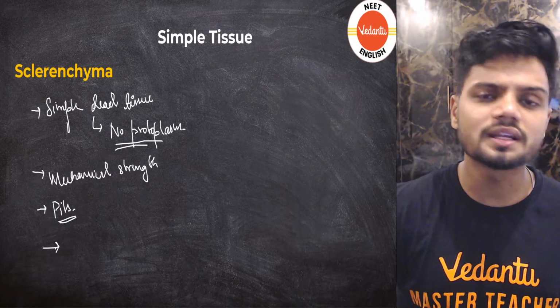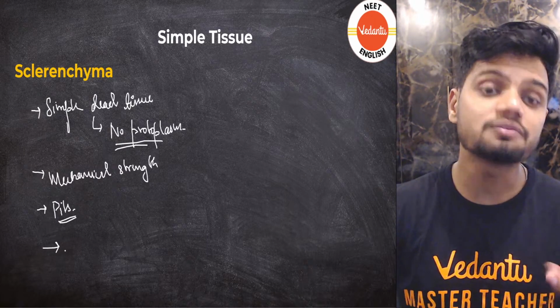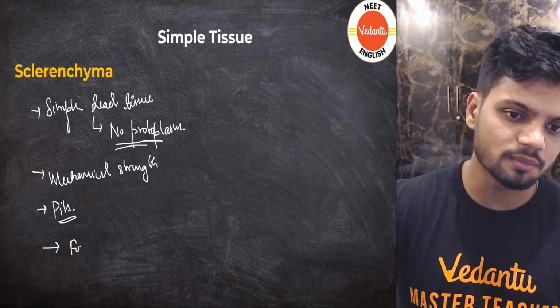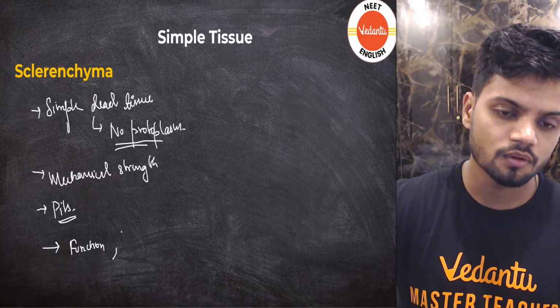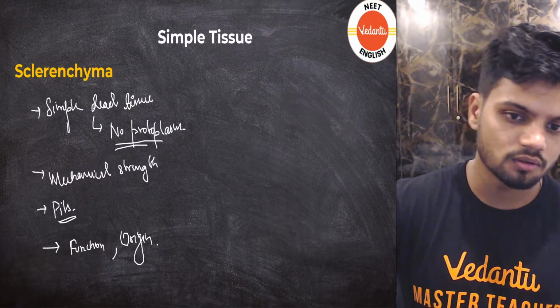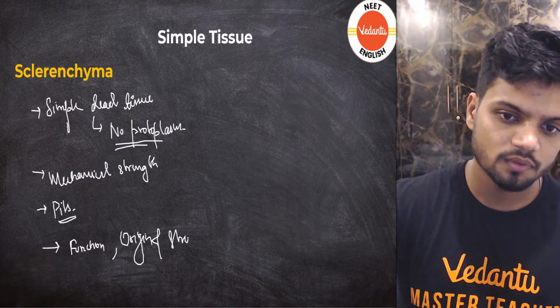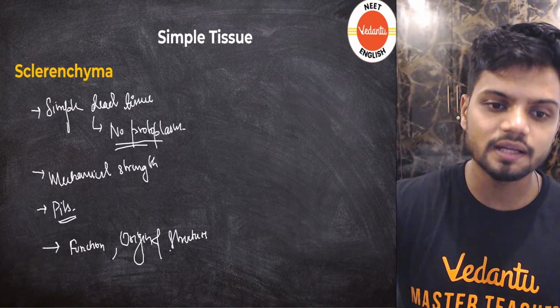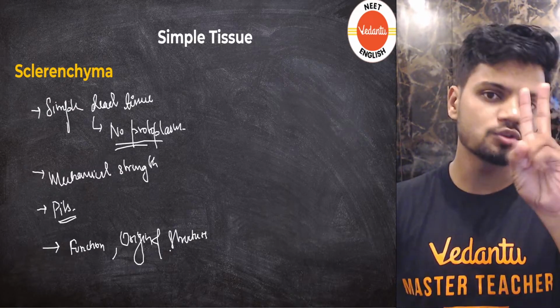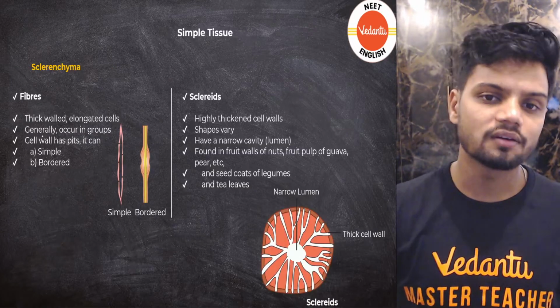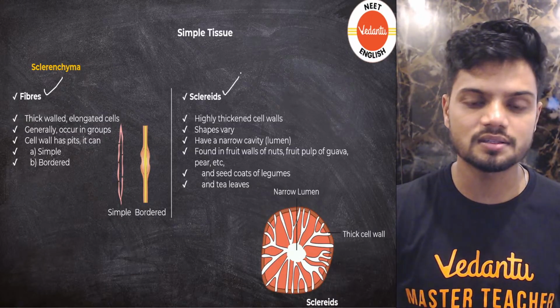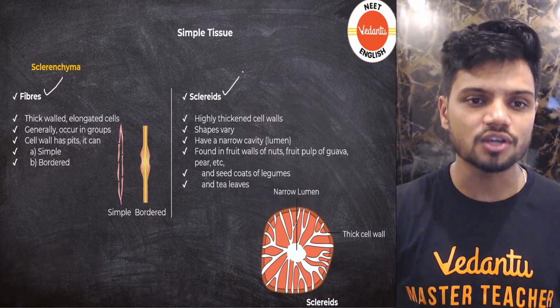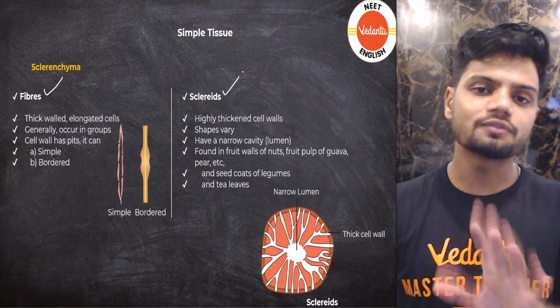Now students, your sclerenchyma is very special because it can be classified further, based on function, origin, and structure. We can classify this sclerenchyma into two separate categories called fibers and sclereids. What is the difference? Understand the shape.